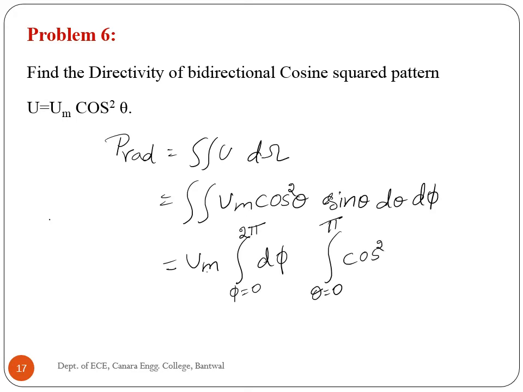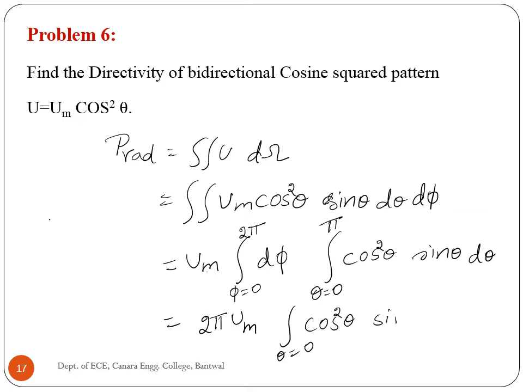Cos square theta sin theta d theta, which is equal to the integral of d phi, and after substituting the limit we will get 2 pi Um and the integration of cos square theta sin theta d theta, limit 0 to pi.